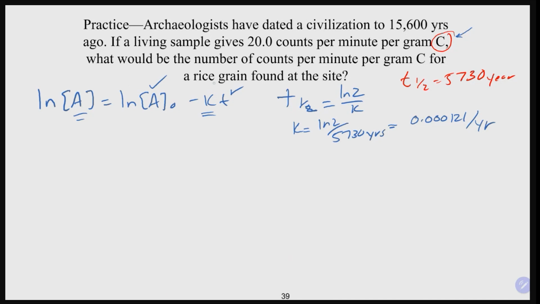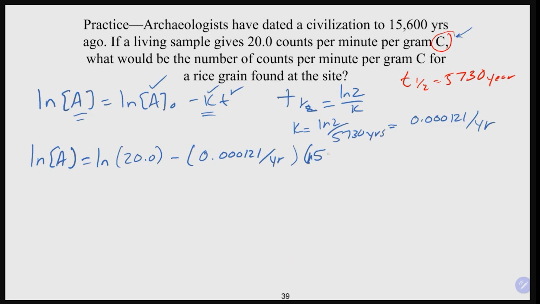All right, so now that we do have K, once again, we can clean up everything on the right-hand side. So that's going to be the natural log of A is equal to the natural log of our initial counts per minute per gram of carbon, which is 20, minus our K that we found, which again is reciprocal years, and the time in this case, 15,600 years.